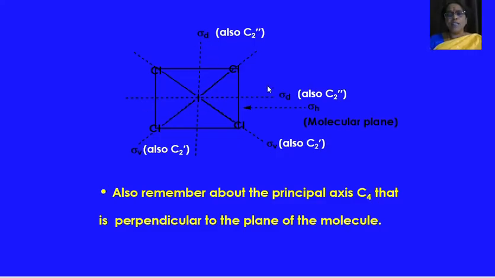Similarly, this plane bisects these two sigma v planes and is a dihedral plane. Therefore, in the square planar molecule, since it is planar, the plane of the molecule itself is one plane of symmetry, the molecular plane sigma h, and there will be two sigma v planes and two sigma d planes.